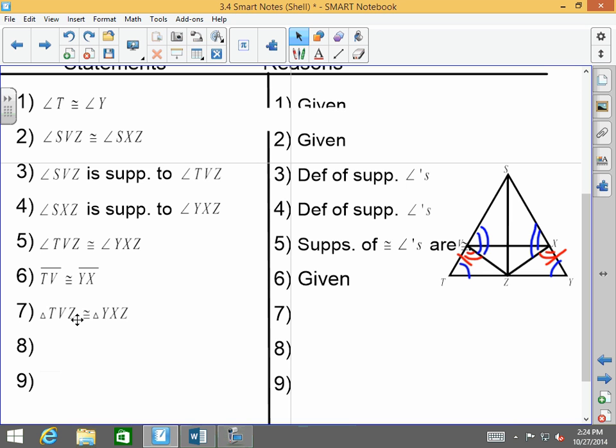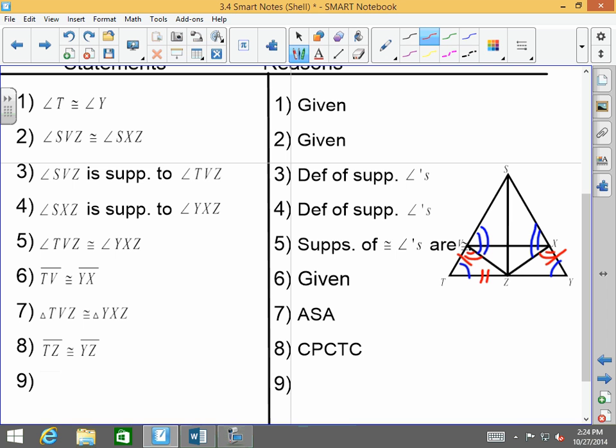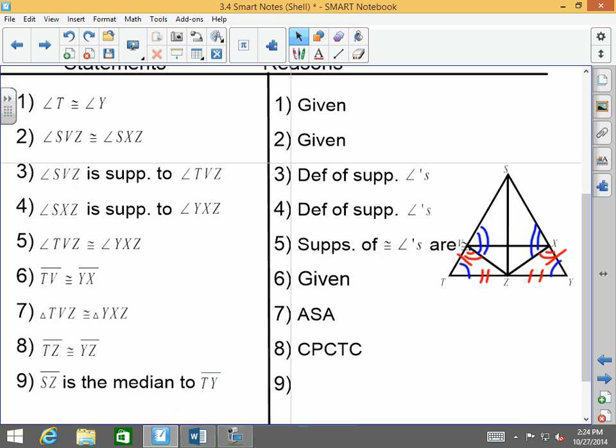Very good. Why? Angle, side, angle. Spectacular. TZ is congruent to ZY because of CPCTC. And now I can prove that SZ is the median to TY because definition of a median.